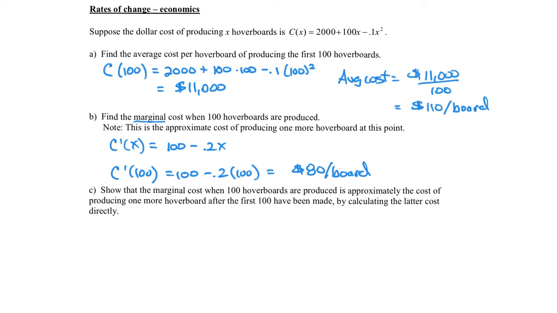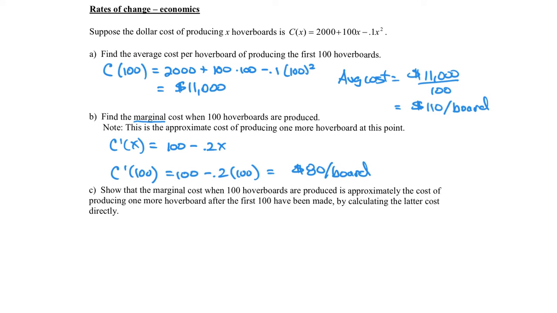And there's a note here. It says, note, this is the approximate cost of producing one more hoverboard at that point. So this is the rate of change of the cost function at this point, which means that the cost function is changing by $80 per hoverboard at this point, which means basically if we've made 100 hoverboards, the next hoverboard we make is going to cost $80 to make.